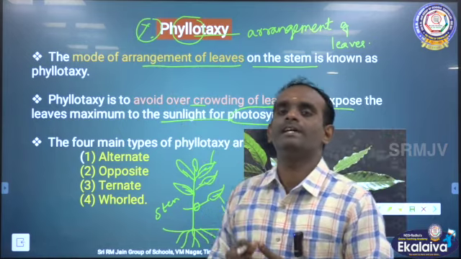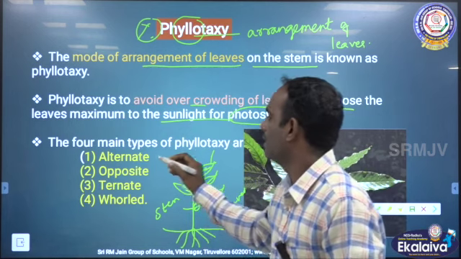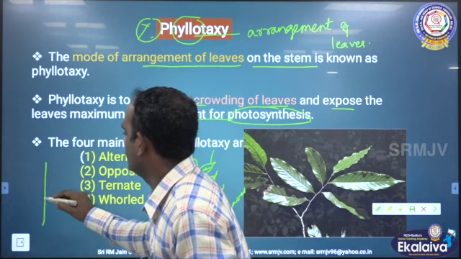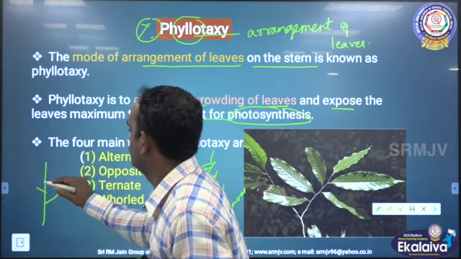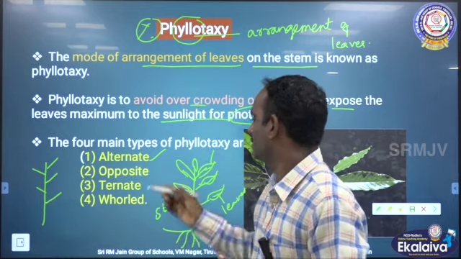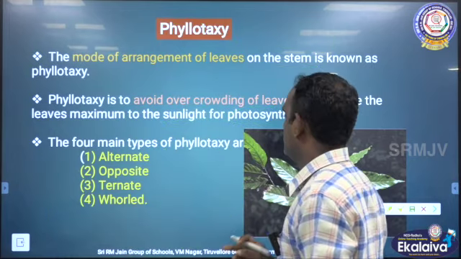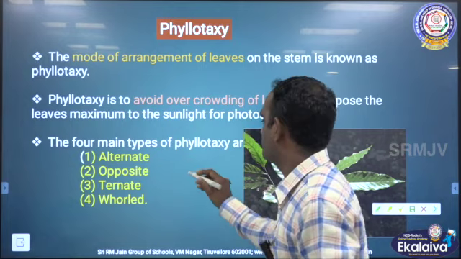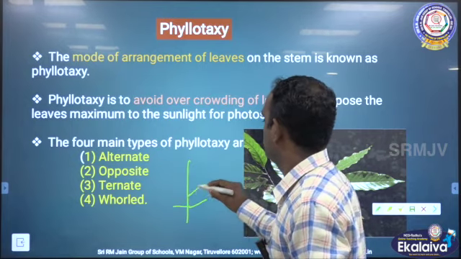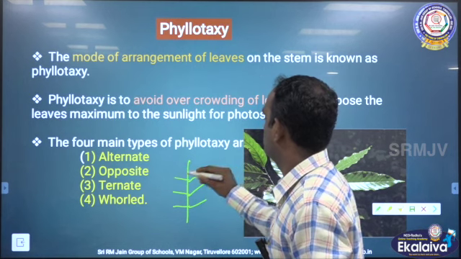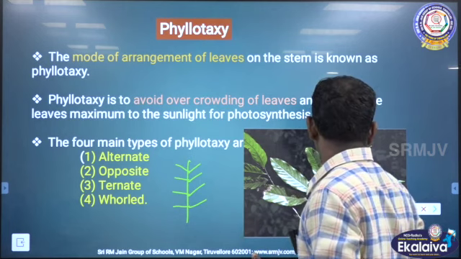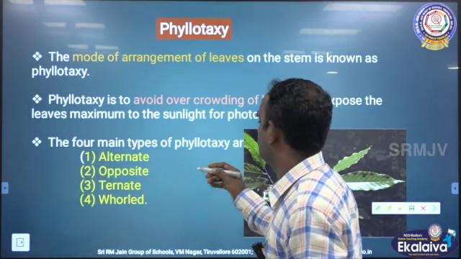There are four main types of Phyllotaxy. One is alternate Phyllotaxy. See here, alternate. This is called alternate Phyllotaxy. Second one is opposite. This is stem. This is called opposite Phyllotaxy. Ternate.